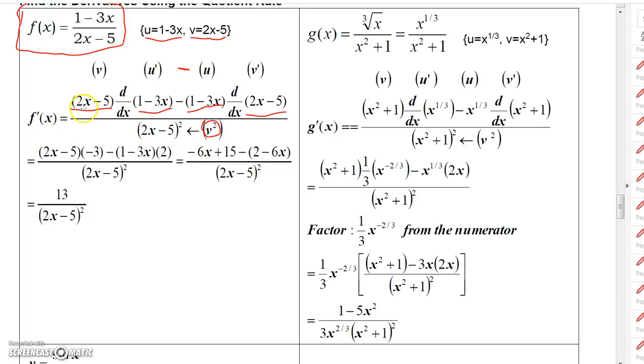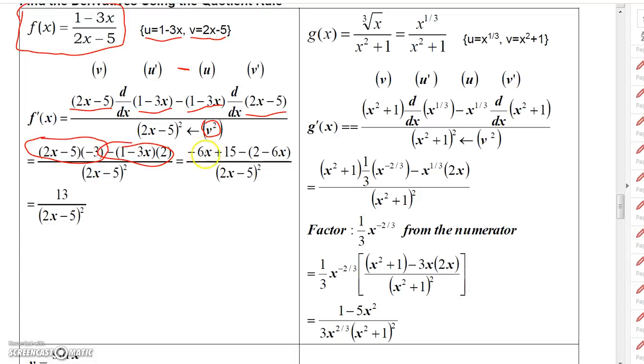Then you have 2x minus 5 times the derivative of this, which is minus 3. So you have 2x minus 5 times negative 3. Then minus 1 minus 3x from here, times the derivative of 2x minus 5, which is 2. And don't forget your denominator, 2x minus 5 quantity squared. Then just do a little bit of algebra. Distribute here, be careful with your signs.